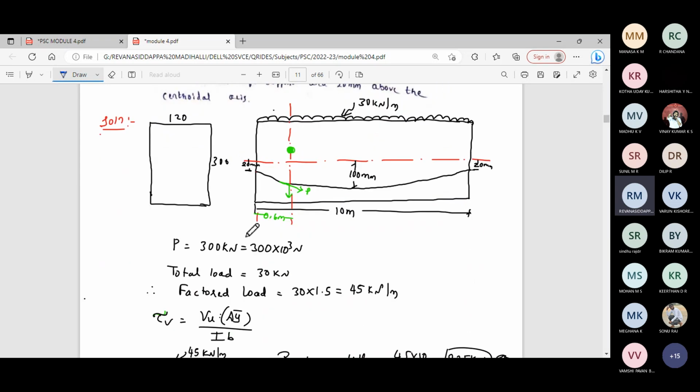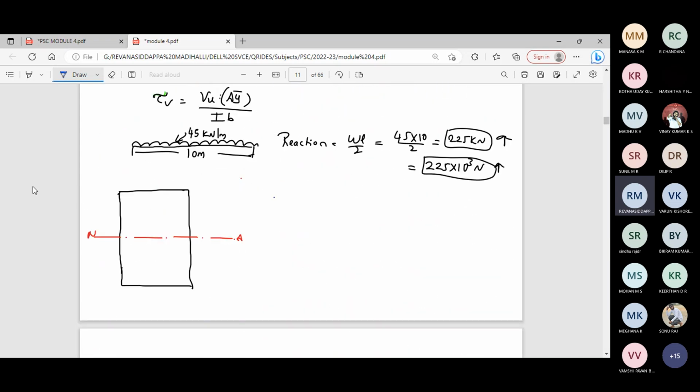Now you draw a dotted line here at a distance of 20 mm from the neutral axis.